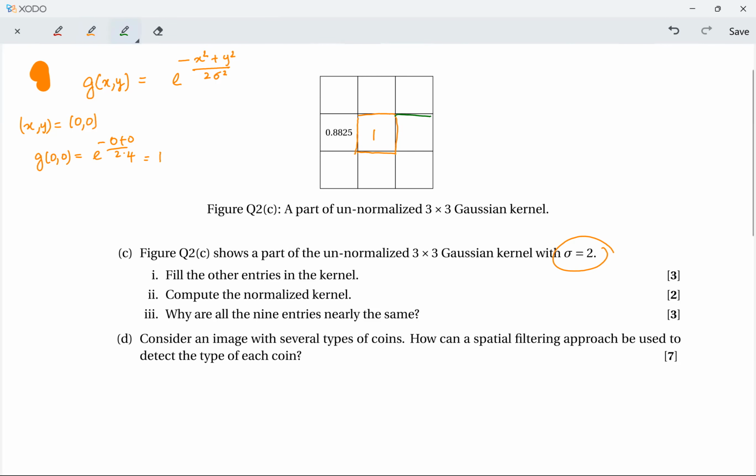There you can see x and y. When x is 0, y is 1. That's our convention. So g(0,1) is e to the power of minus (0 plus 1) divided by 2 times 4. We have to compute that.